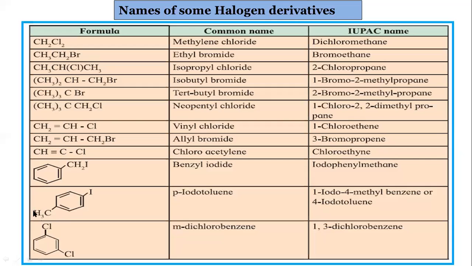But if this group is considered as methyl and this as iodine, iodine comes first alphabetically. So that's why 1-iodo-4-methylbenzene. These are some common names and IUPAC names. This is also not asked in the board examination. Remember, this is for your knowledge only, to see how IUPAC names are given to halogen derivatives.